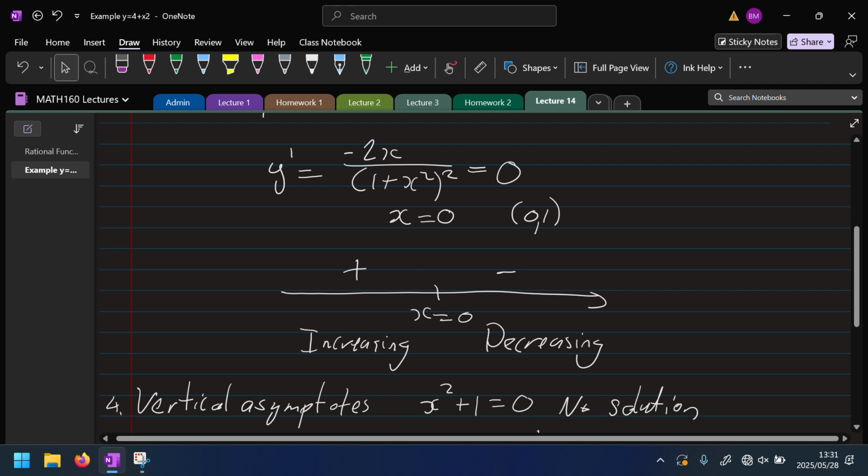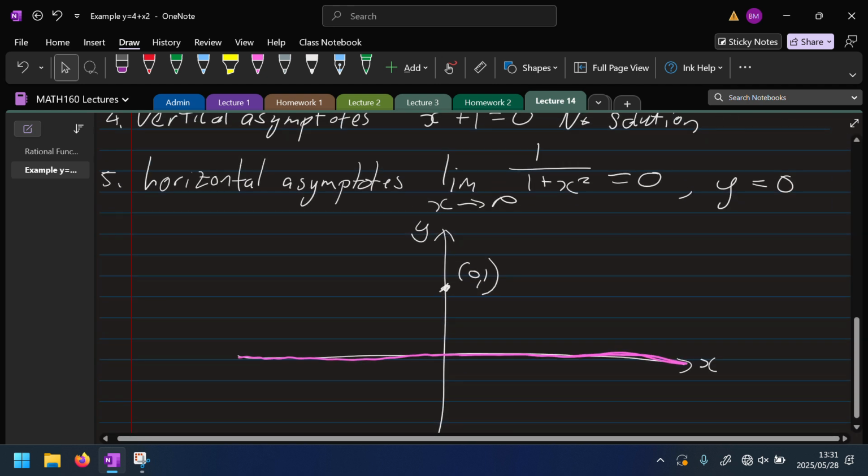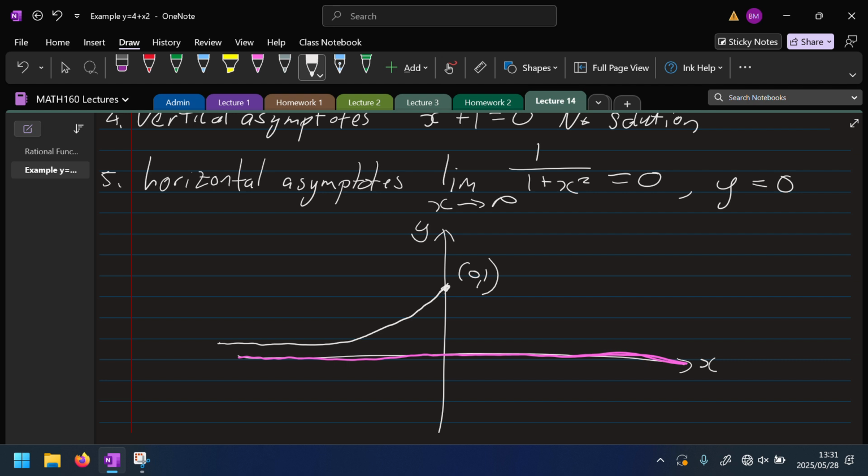So our sketch needs to go along the asymptote up to the turning point because it's increasing. It then turns and then goes down. So increases, turning point, decreases. So we sketch that. So it goes along the asymptote line, increases, turning point, decreases, and then back along the asymptote line.